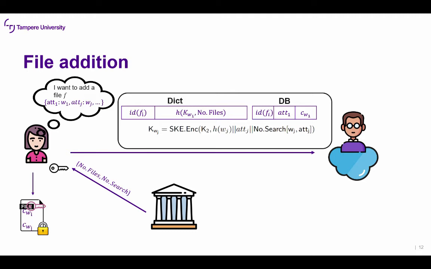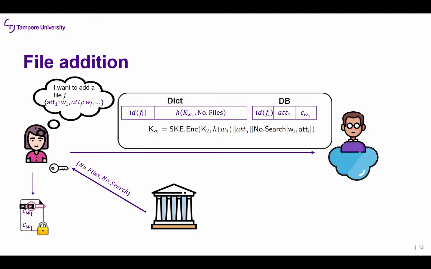So, as we said before, the dictionary dict is a mapping between file identifiers and hashed keywords, while the actual database consists of the file identifiers, the attributes, and the ciphertexts of the keywords.